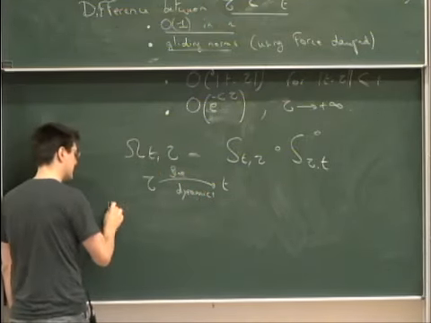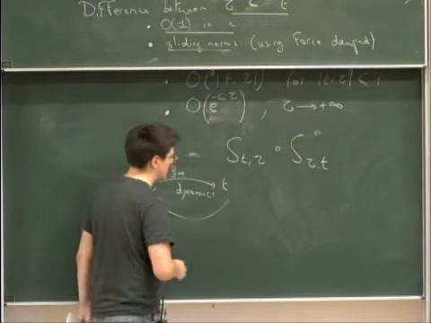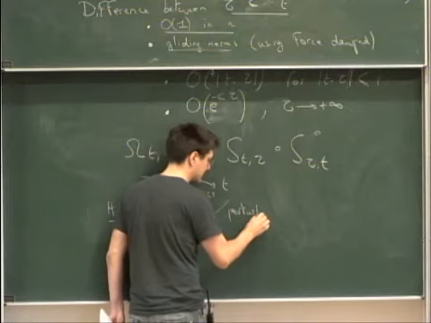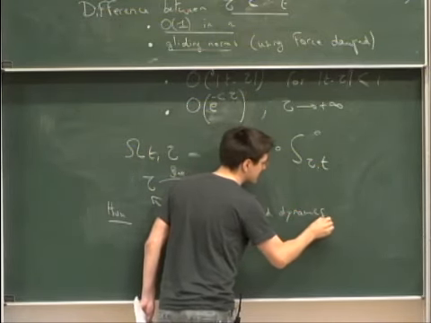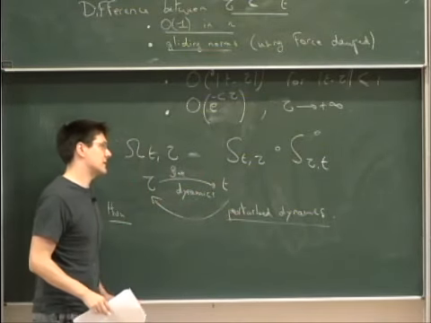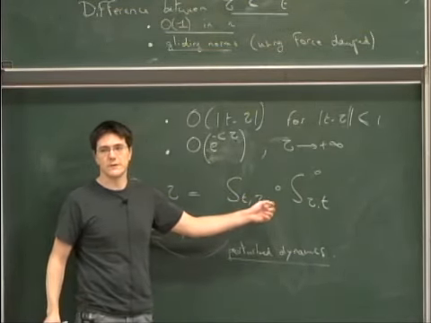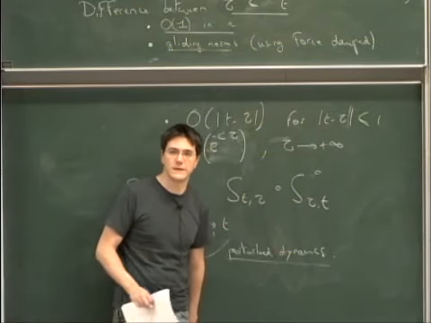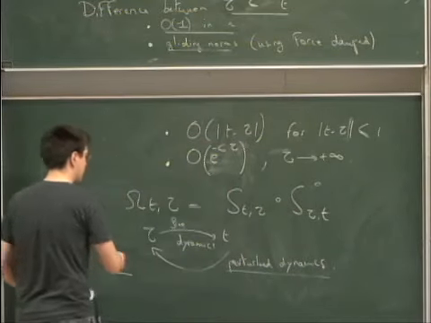And then from t to tau, you follow the perturbed dynamics. I don't have time here, but you can find in the original paper some computation explaining why you have to do this way and not the other way around. There's no hope to estimate anything if you compose the other way around. So that's the good way of doing it.